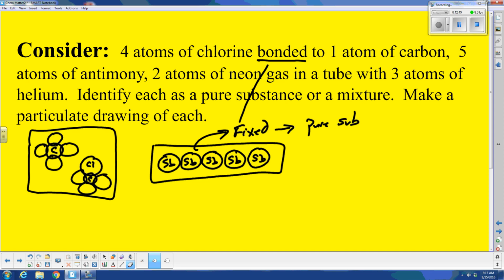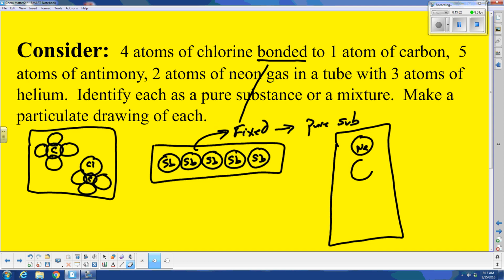And then I've got 2 atoms of neon gas and 3 atoms of helium, so I have a tube. Here's my tube. I have 2 atoms of neon gas, so let's put in neon, let's put in another neon. Now they're not bonded. And I have 3 heliums, and let's put a helium here, and a helium here, and a helium here.